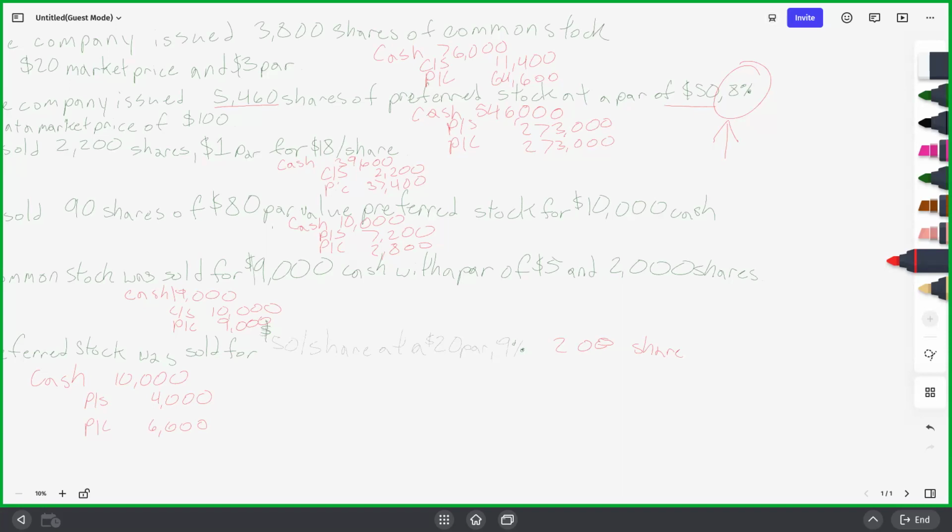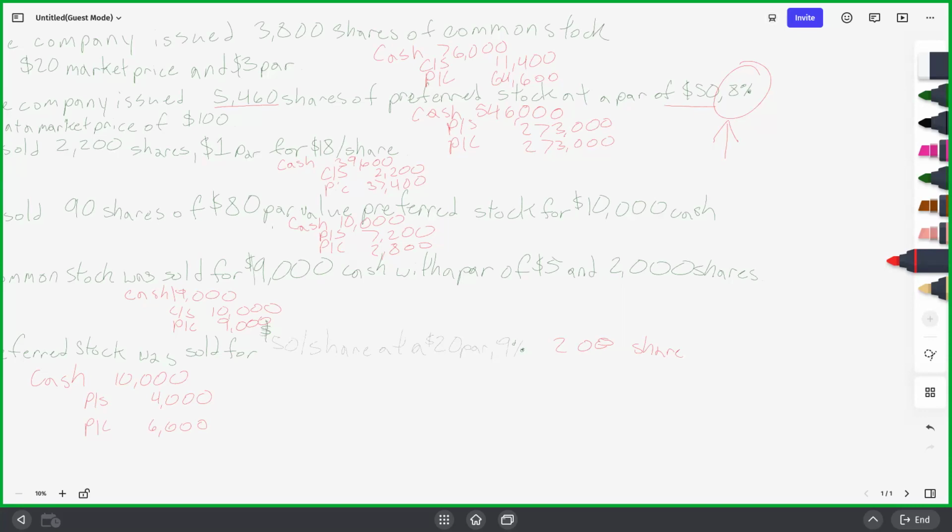We're just going to run through. How are we going to find the dividends for preferred stock for number 2? Awesome. So what's that number going to be? $21,840. 21,840.